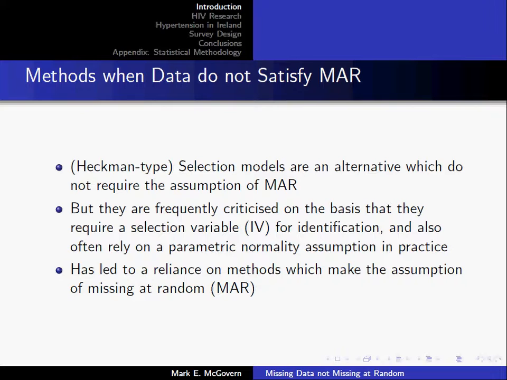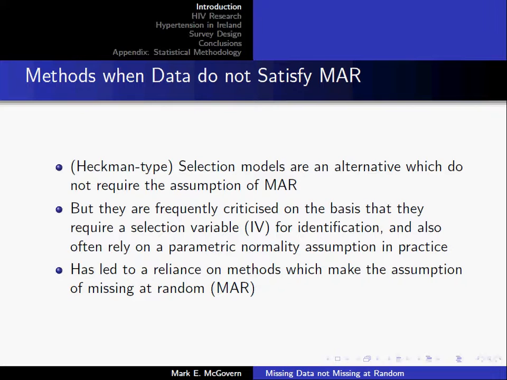And secondly, because in practice, especially when you have binary data, you have to make some sort of parametric assumption about how the error terms in the participation and outcome equation are specified. So again, if this is new to you, don't worry, I'll briefly explain what I'm talking about here later on. So I think because of the criticisms of selection models, it has led to this reliance on methods which impose missing at random.